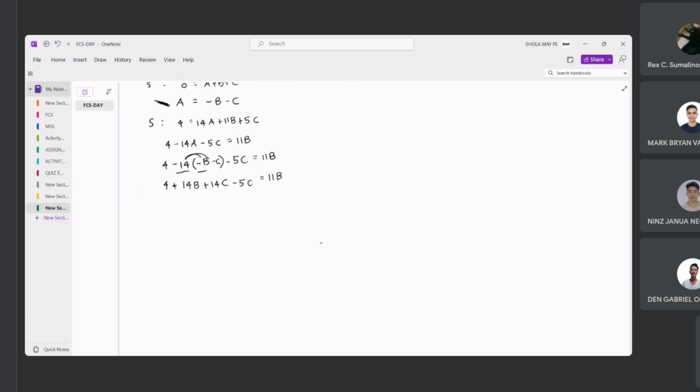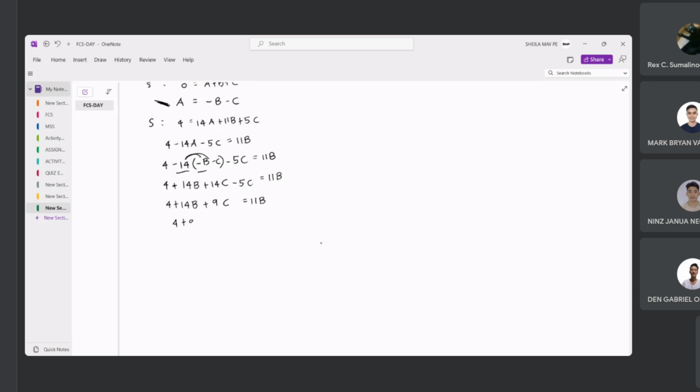Now from that, you can simplify 14C minus 5C, so that's positive 9C equals 11B. Now there's a B on our left side, so we put it on the right side.